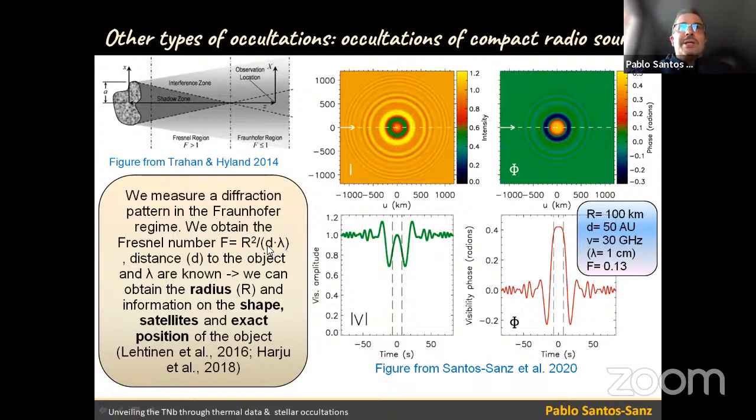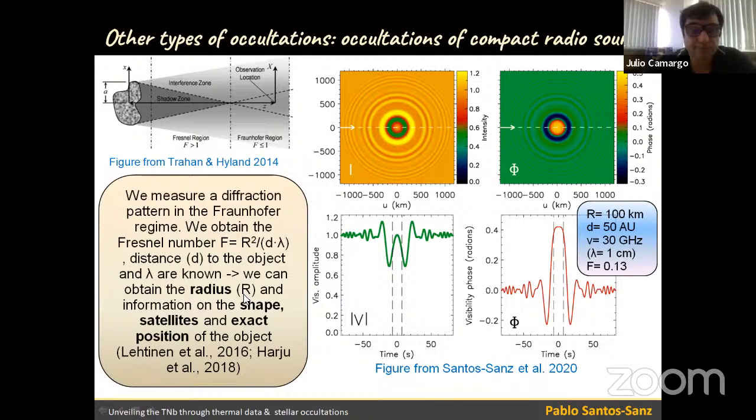We know the distance to the object, we know the wavelength, and we obtain this Fresnel number. So directly from this equation, we can obtain the radius with only one chord.